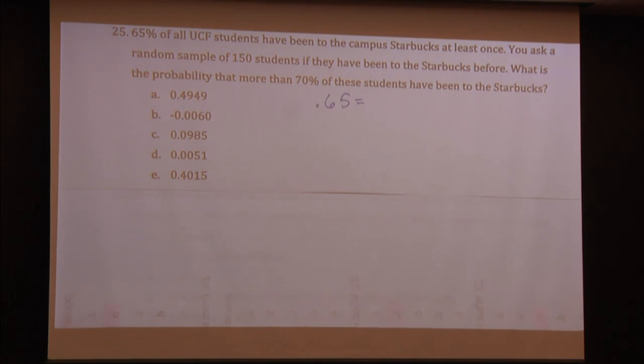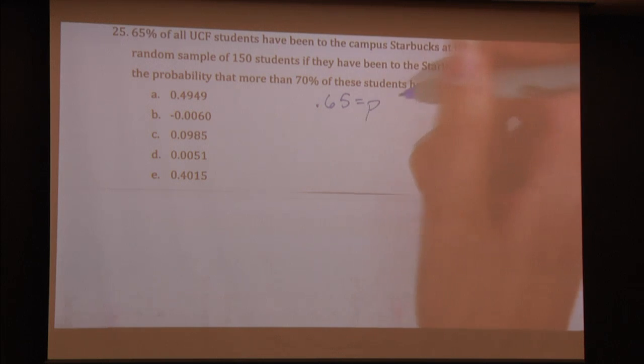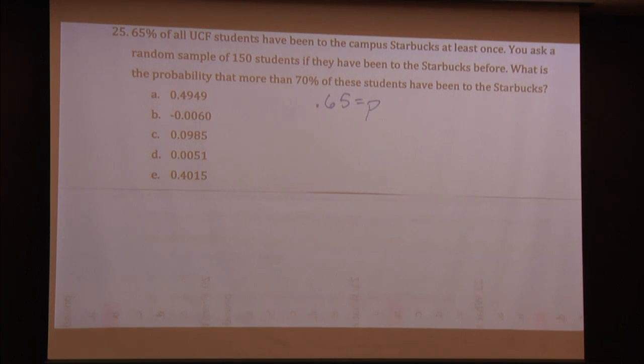So let's take a moment though and answer, what does the 0.65 represent in this problem? So the success probability. What is the variable for that then? In your class all term long, you probably looked at different types of p.